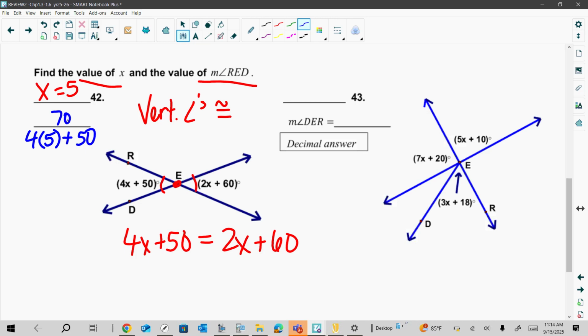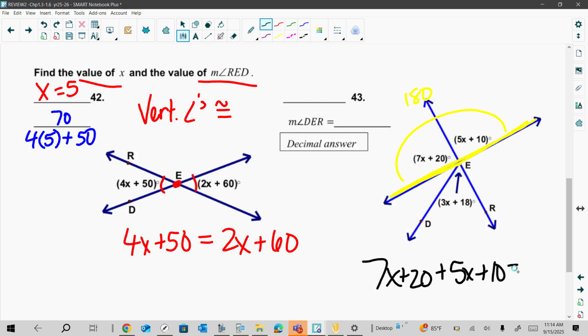For problem 43, you need to be using this line. Every line equals what? 180. So these 2 angles have a sum of 180, which means your 7x plus 20 plus the 5x plus 10 equals 180.